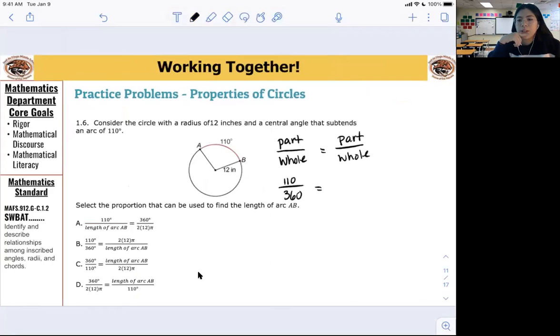But what's the part on the right side? Yeah, the length of AB is the part. What would be the whole? Circumference.